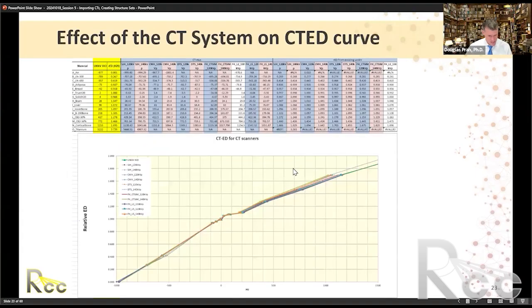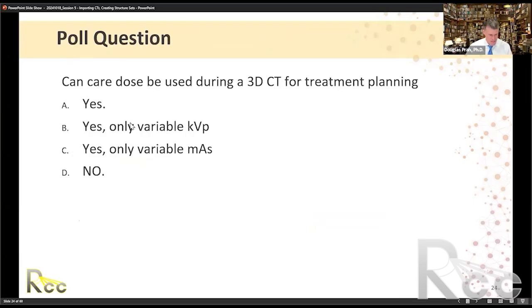I'll go back to this slide so you can see we've got an average for the two different tube voltages, and you can see the effect that the tube voltage has. It does create a difference on the CT to ED curve, especially for the densities of bone. So in general, it's recommended not to vary the tube voltage when you're going to calculate dose on the scan.